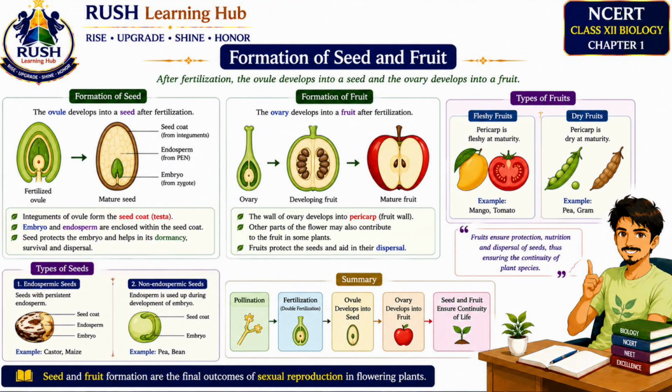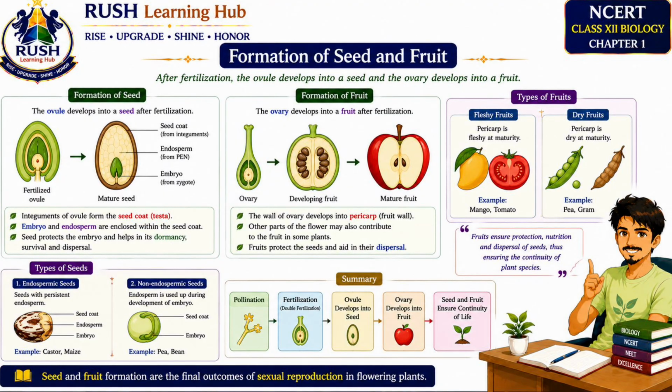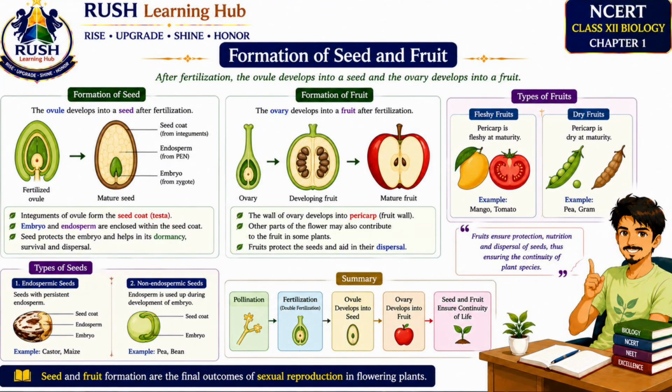Depending on the presence or absence of endosperm in the mature seed, seeds can be classified as endospermic seeds and non-endospermic seeds. Endospermic seeds retain a part of the endosperm in the mature stage and provide stored food for the embryo. Examples include maize and castor.